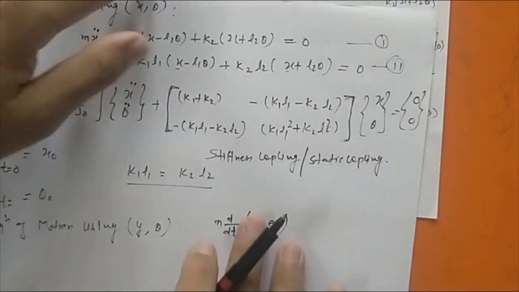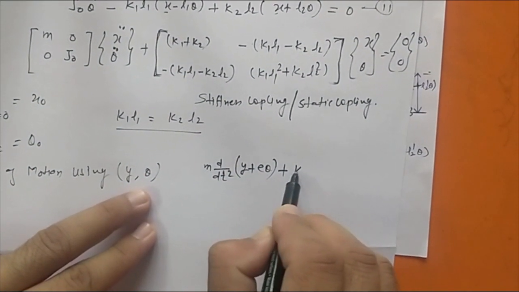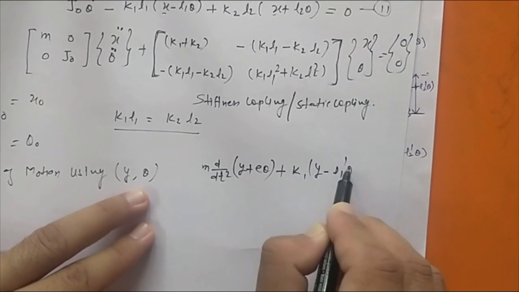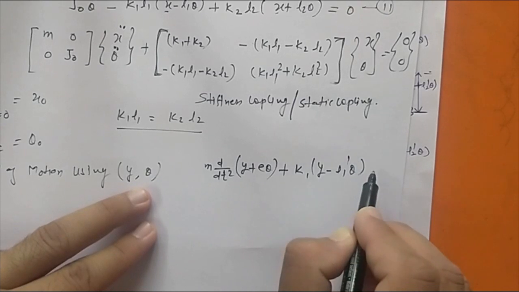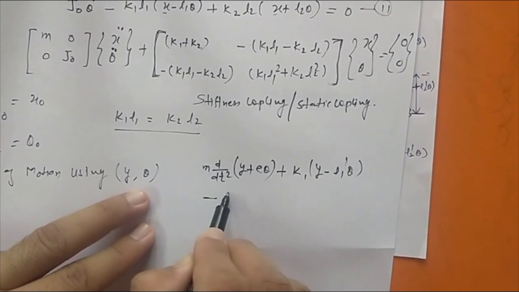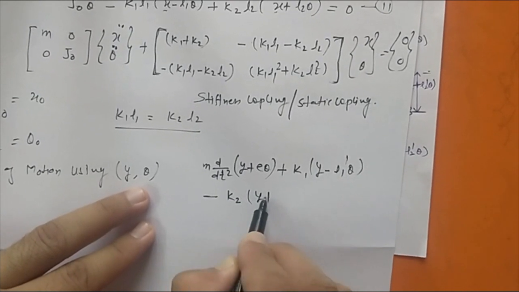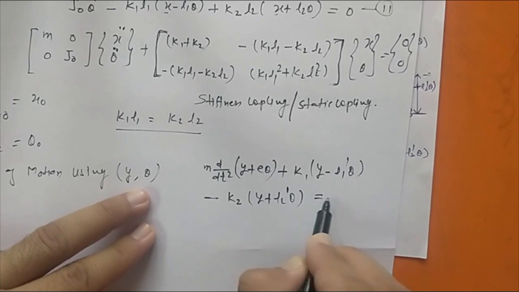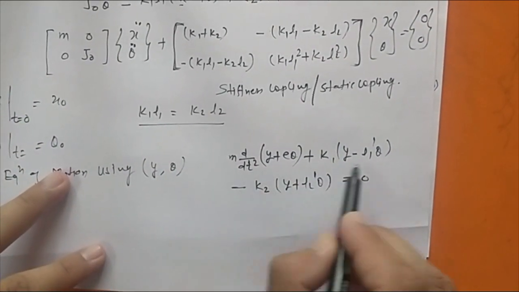So plus K1 y minus L1 dash theta, minus K2 y plus L2 dash theta is equal to 0. So we'll simplify this equation.